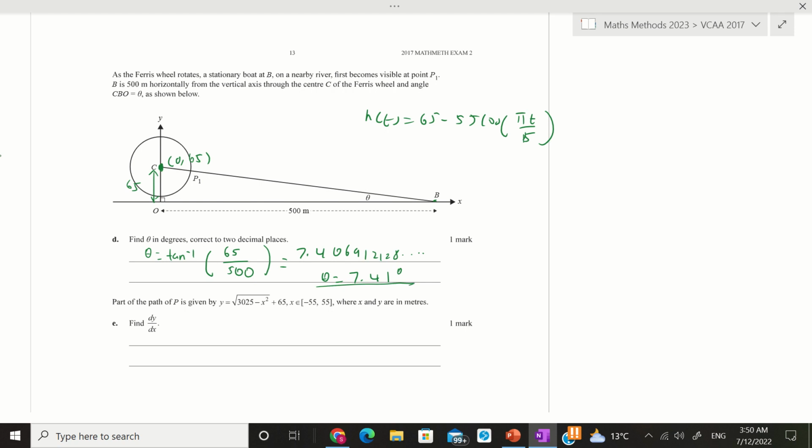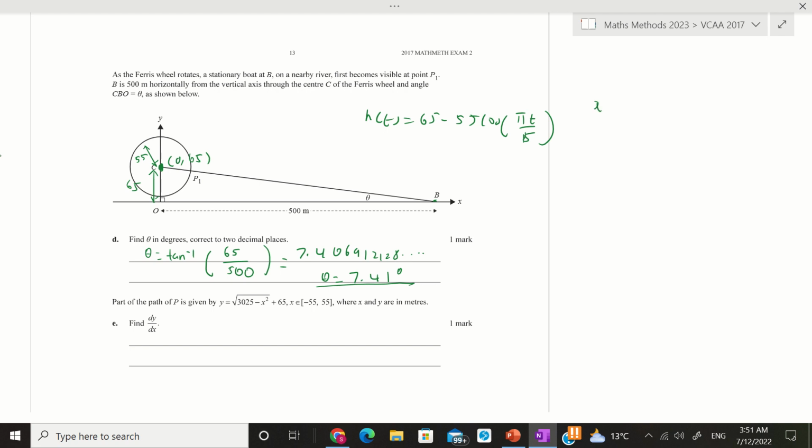Okay, cool. We're told that part of the path of P is given by this equation here, where x is between negative 55 and 55, right? So what we actually have here is part of the equation of this circle. It's telling us that it's part of the path of P, but how do we know which part it is? Well, I can quickly show you. This circle has a radius of 55, as we know. We also know that the center point has been shifted upwards from a basic circle by 65 units.